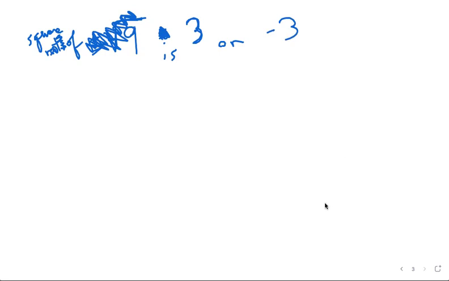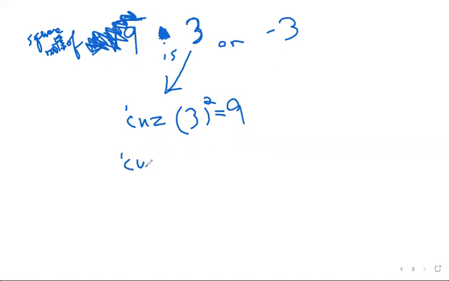That's also a square root of 9, because we define a square root to be some number so that when I square it, I get 9. So 3 is a square root of 9 because if I take 3 and I square it, I get 9. And then the same thing with -3, that is a square root of 9 because, there you go.